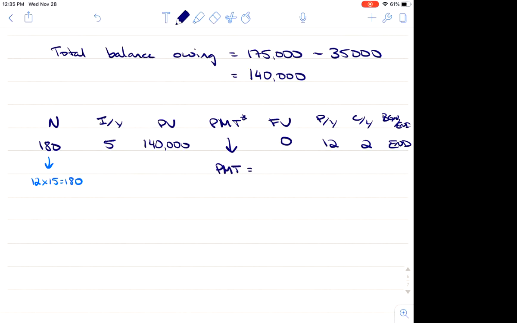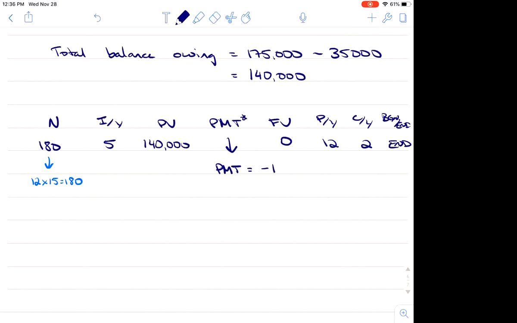So we've got 180 for N, 5 for the interest per year, 140,000 for the present value, 0 for the payment for now, 0 for the future value. Payments per year is 12, enter. Compoundings is 2, enter. And now I can compute the payment amount.